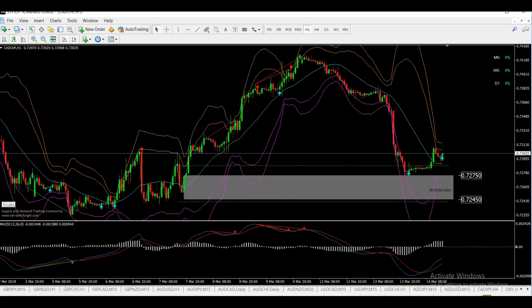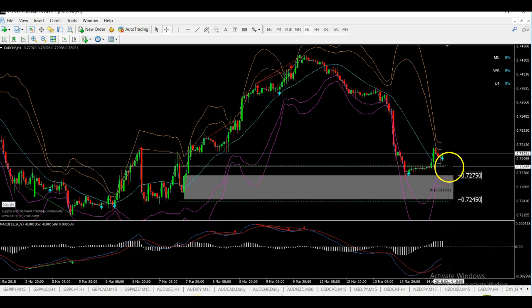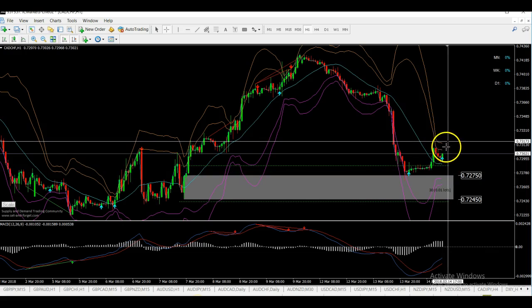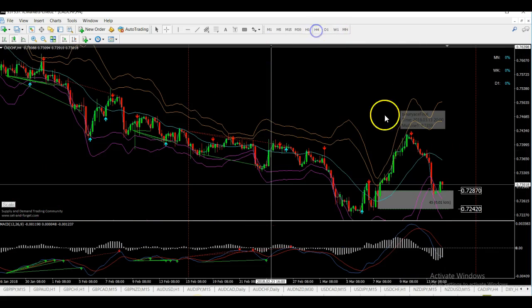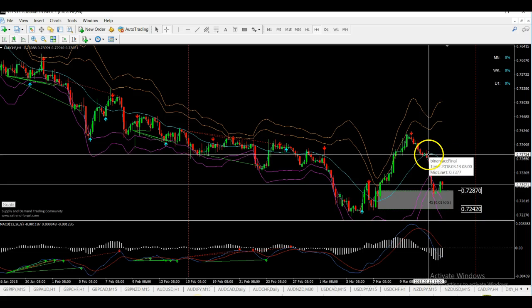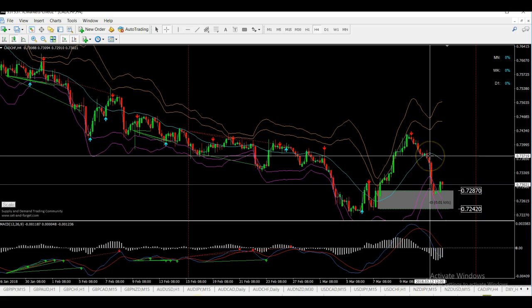So what we then do is analyze where we can place our stop loss. Where's my target? My target is going to be up here, the first. You can see this first easy target is at 73,700.